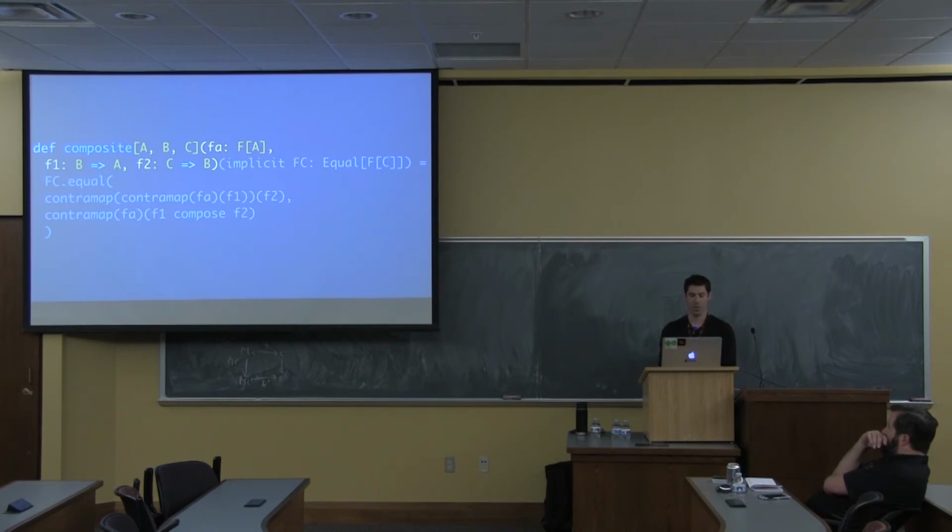If we have two functions, B to A and C to B, it's pretty similar to the functor associativity laws, right? I think that's right. We're making sure that when we contramap twice with these two different functions, it's equal to composing the functions first and then contramapping once.